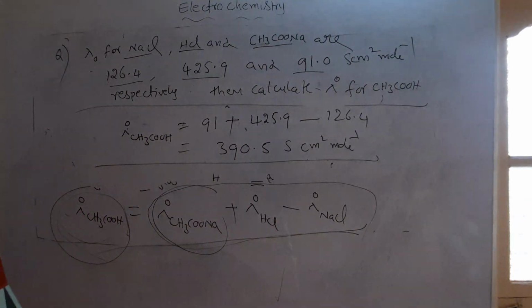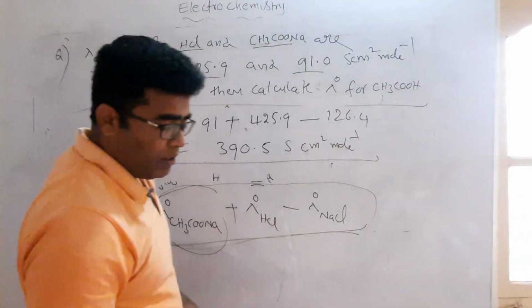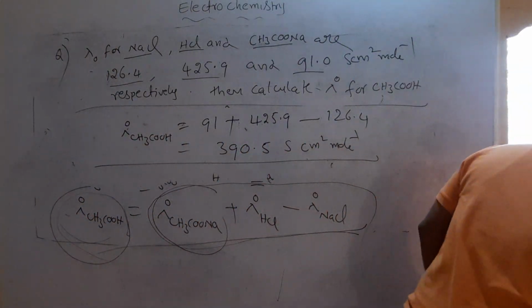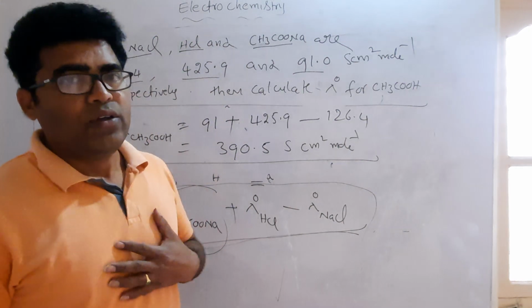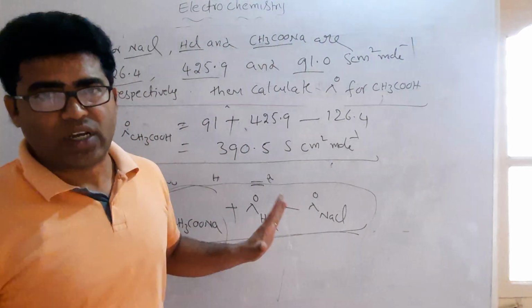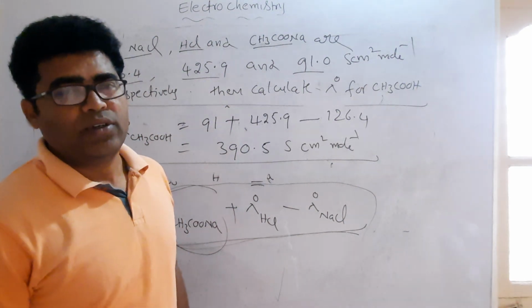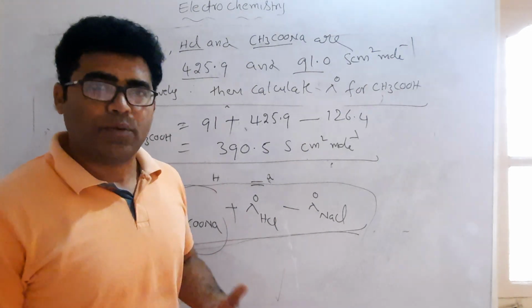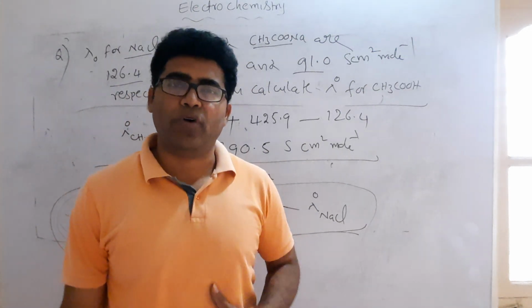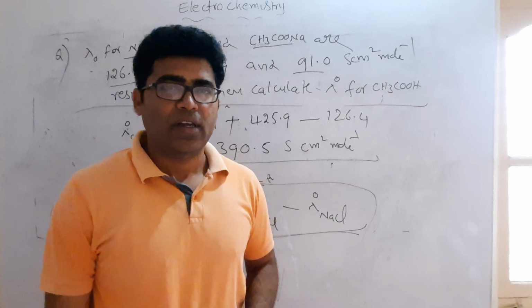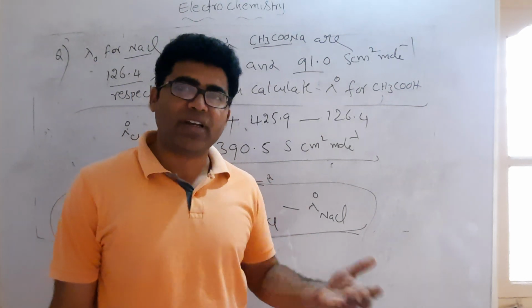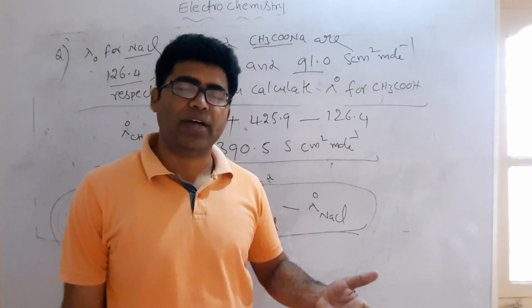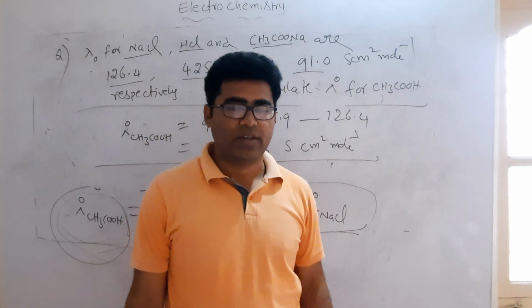So mainly in this lesson, today what we learn, you need to focus on Kohlrausch law. Experimentally, suppose to find body temperature, a thermometer is there. The molar conductivity at given concentration and at infinite dilution.